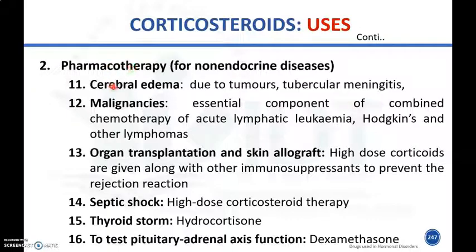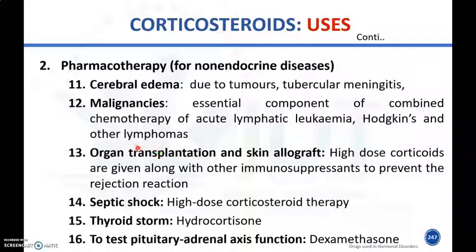Then some cerebral edema due to tumor and tubercular meningitis, and also in malignancies, as an essential component of combined chemotherapy of acute lymphatic leukemia, Hodgkin and other lymphomas. So corticosteroid is used along with anti-cancer drugs for the treatment of different types of neoplasm.